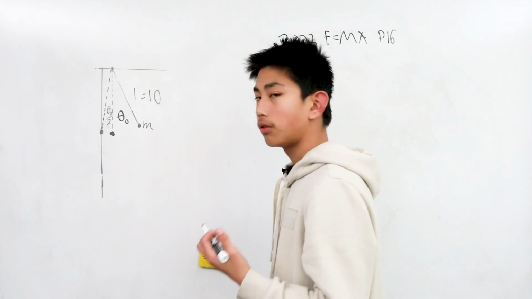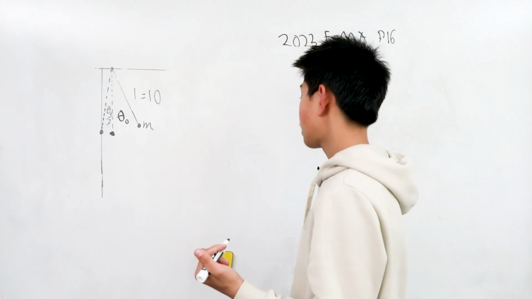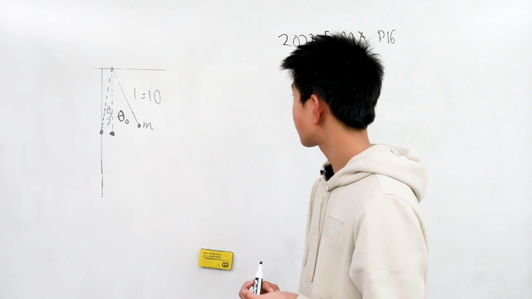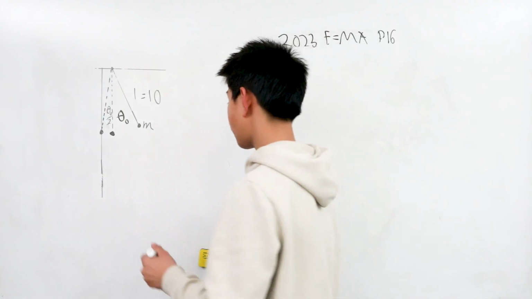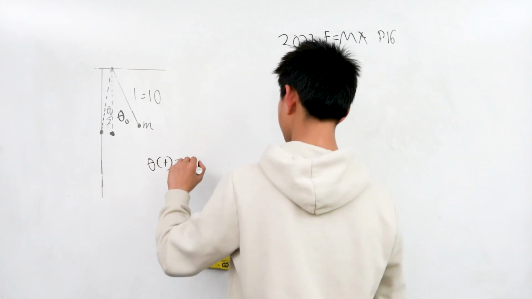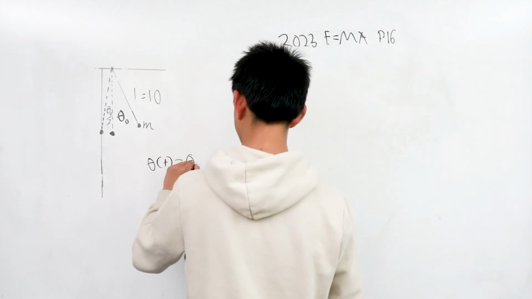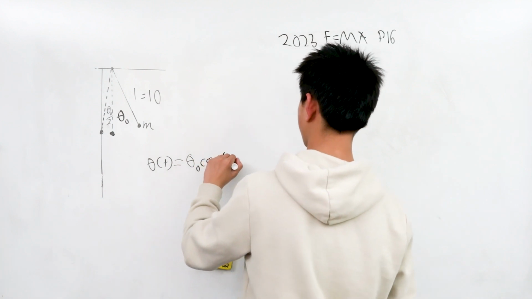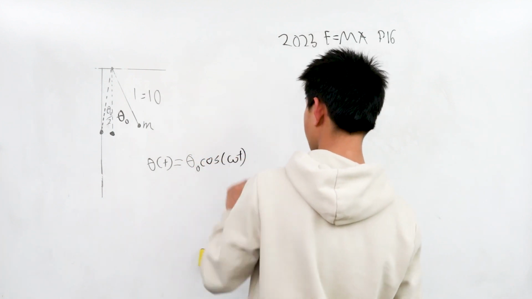So we want to find the time period, and basically what we can do here is write that theta of time is equal to theta of 0, that's our angle, times cosine of omega times time.